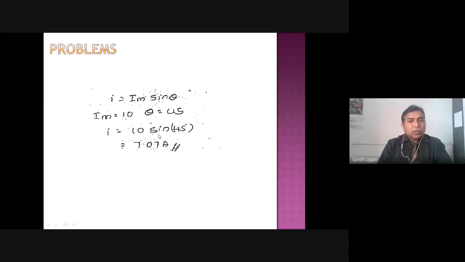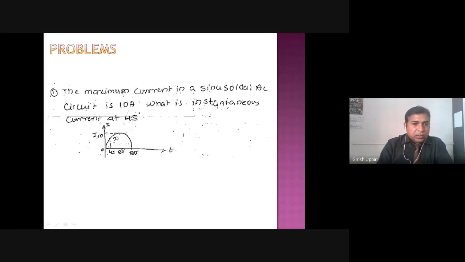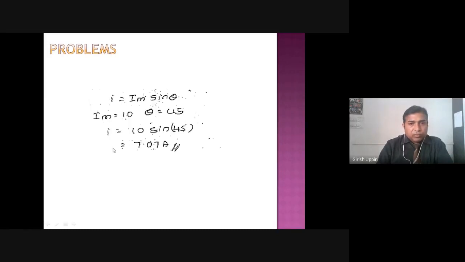So this is the solution. i is equal to Im sin theta, where Im is equal to 10 amperes. This maximum value is 10 amperes, and we have to find at 45 degrees, which is pi by 4. So i is equal to 10 into sin 45 or pi by 4, and you get the answer as 7.07 amperes.